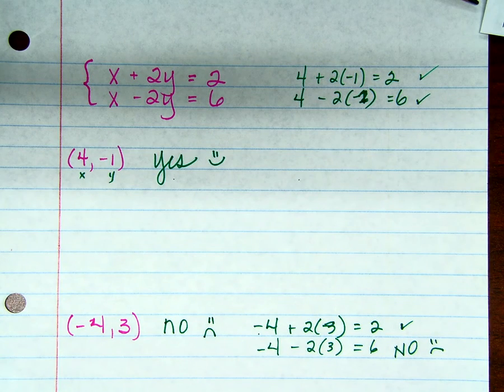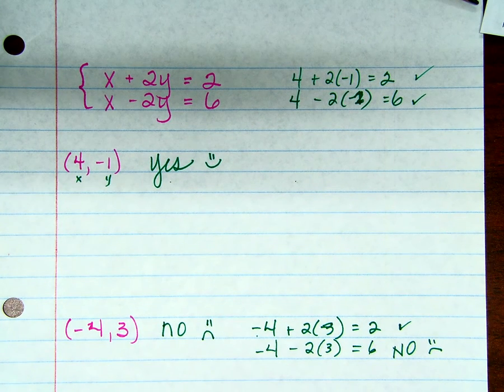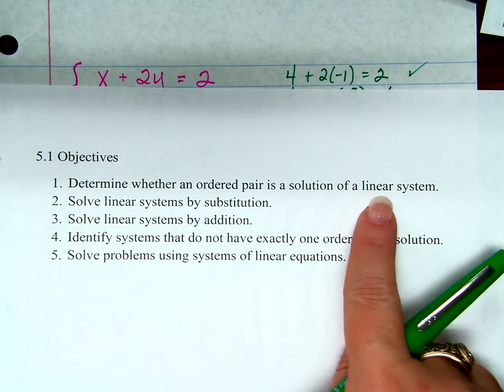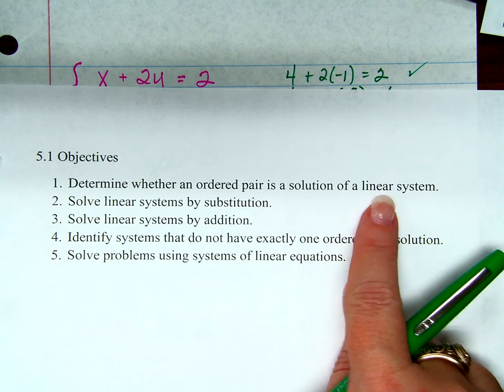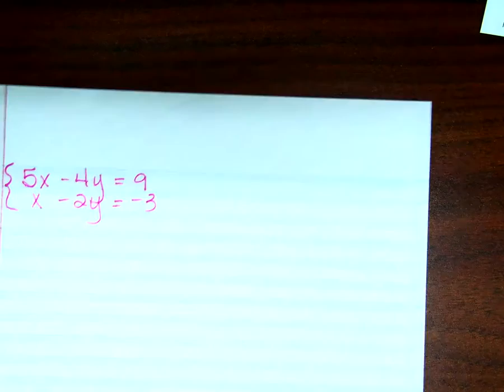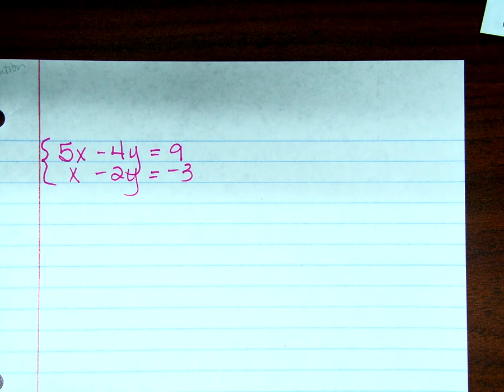It's not. Okay? Any questions about deciding whether an ordered pair is a solution of a linear system? Okay. The next objective talks about substitution. Do you remember how to solve a system by substitution? Well, it does imply at some point that you're going to substitute something in for something else, right?